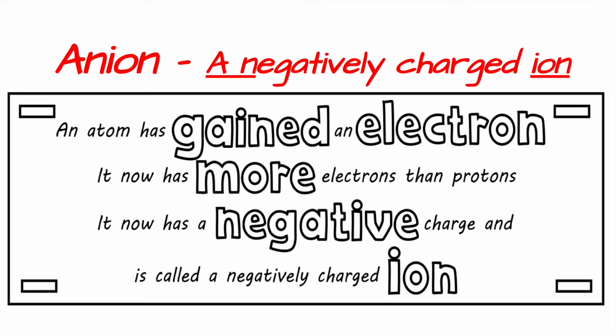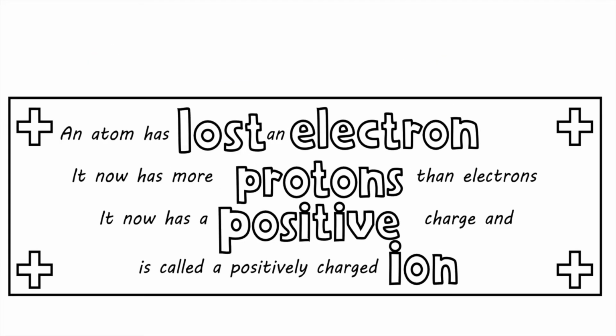So that's when an atom has gained an electron. Some atoms may lose electrons. And in that situation, if an atom has lost an electron, it now has more protons than electrons. So it now has a positive charge and is called a positively charged ion. Yep, you guessed it. Here comes another nasty word.